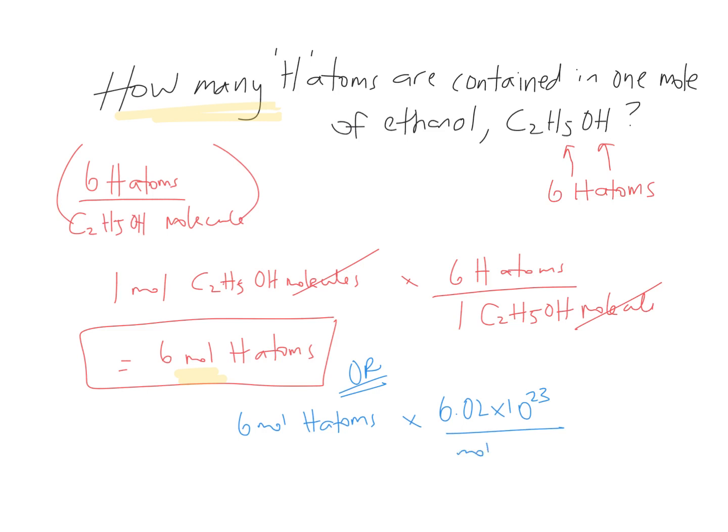When you do the math on that, the mole is going to drop out and you're going to have a literal number of hydrogen atoms. That number works out to be 36 times 10 to the 23, which you then put in proper scientific notation. It's 3.6 times 10 to the 24 hydrogen atoms.